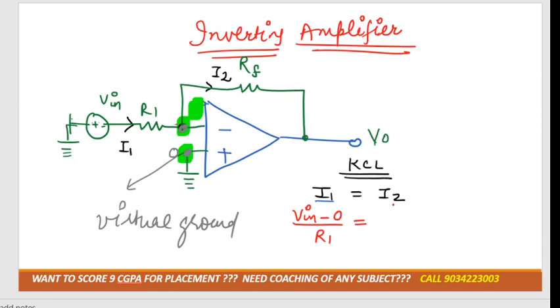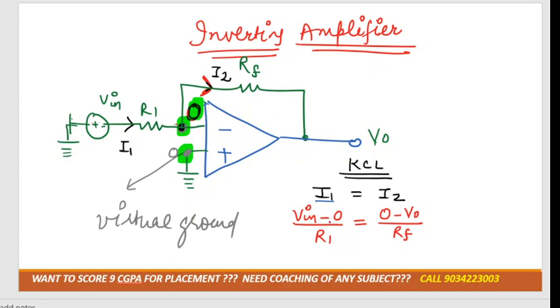Similarly, is I2 moving from 0 to V0 or V0 to 0? See the direction of current. I2 is moving from 0 to V naught. So can I write 0 minus V naught divided by RF?